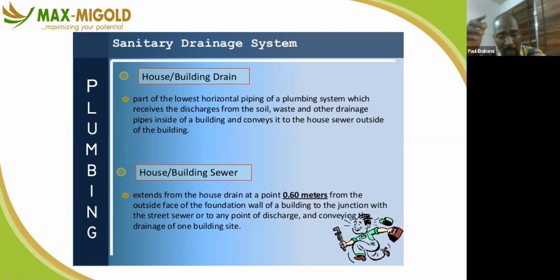Or if it is closer to your building foundation, it can bring down the entire building. It can cause what we call foundation differential, where one side of the foundation goes down and the other one is up. That can cause what we call structural differential. That's the reason why under the building code, it is recommended that you have your sewage located 6 meters away from the building wall or from the fence wall.